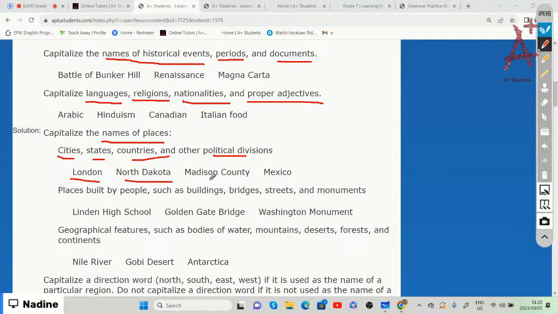North Dakota, Madison County, Mexico, South Africa, Cape Town, right? We capitalize the names of places, names of cities, states, countries, and other political divisions. It shows where we are from, right?